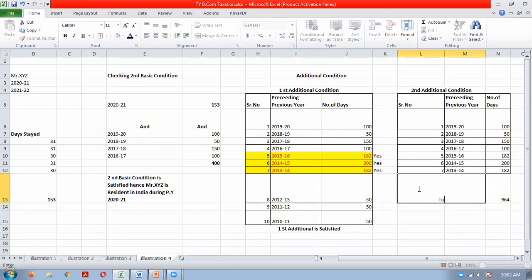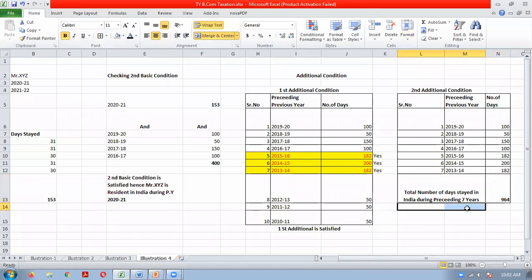Total days stayed in 7 years is how much? Total number of days stayed in India during the 7 preceding years: 964 days he was in India, but as per the condition, we require only 730 days.